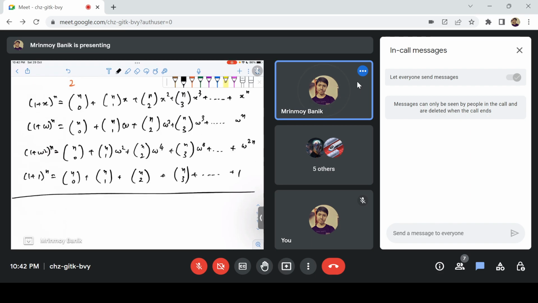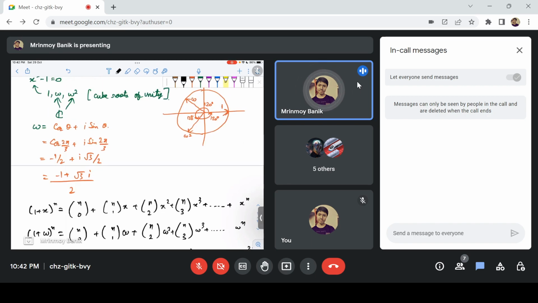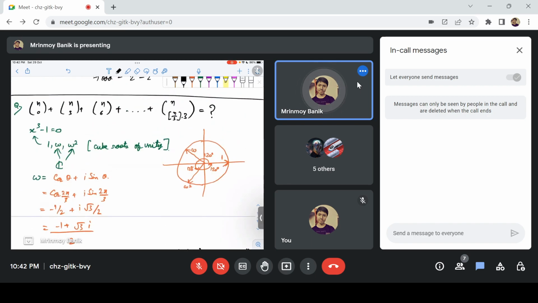Now we add. Down the left, we have (1 plus 1) power n, which is 2 power n, (1 plus omega) power n, and (1 plus omega squared) power n. We can factorize this using a cube minus b cube.